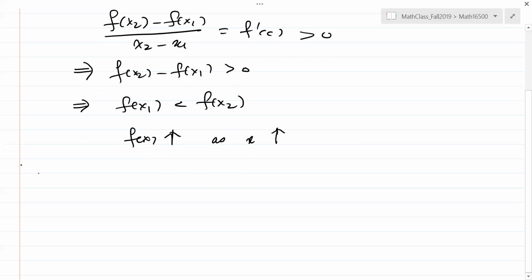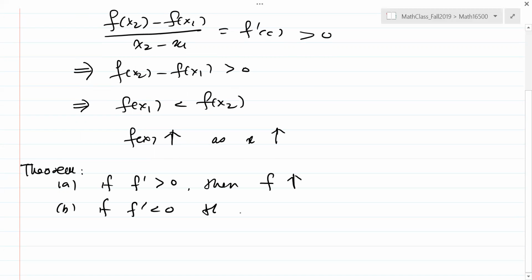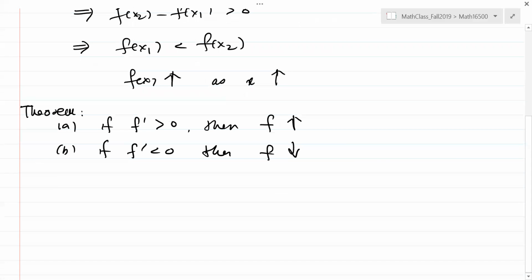Here's the theorem: if the derivative is positive, then the function is increasing. If the derivative is negative, then the function is decreasing, over the interval.